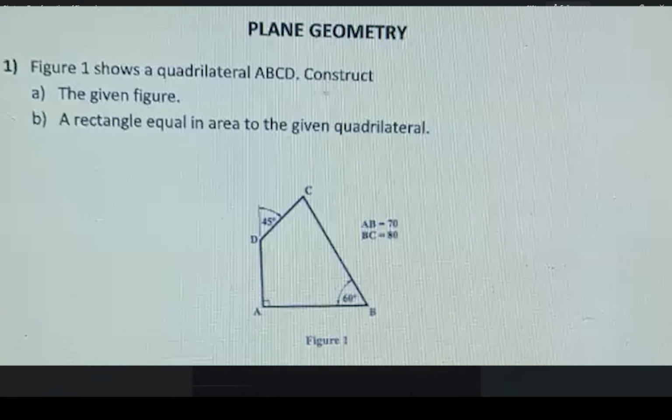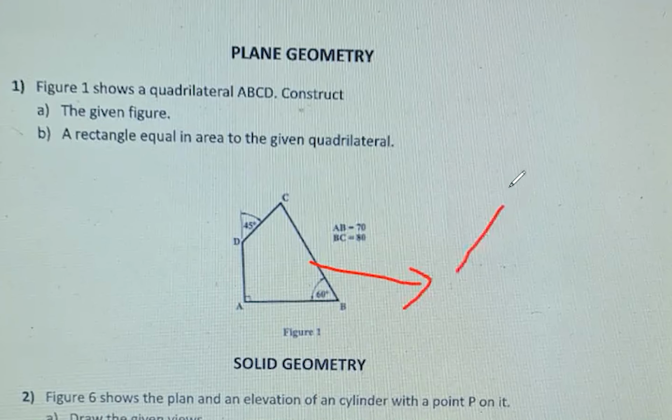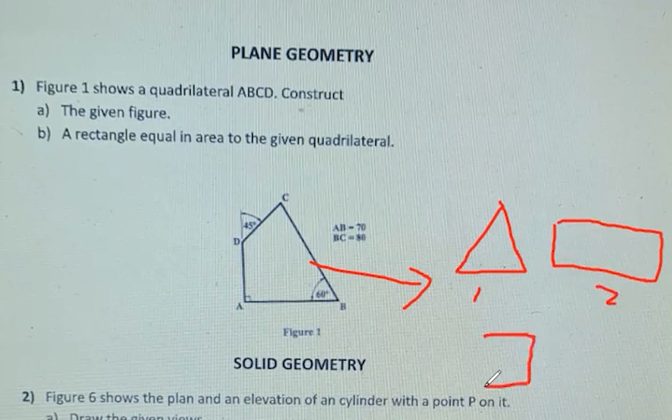So there are three parts to this. First, you start off with a quadrilateral and you change the quadrilateral to a triangle. And then from the triangle to a rectangle, and then from the rectangle to the square. So part 1 we get a triangle, part 2 we get a rectangle, and part 3 we get a square.